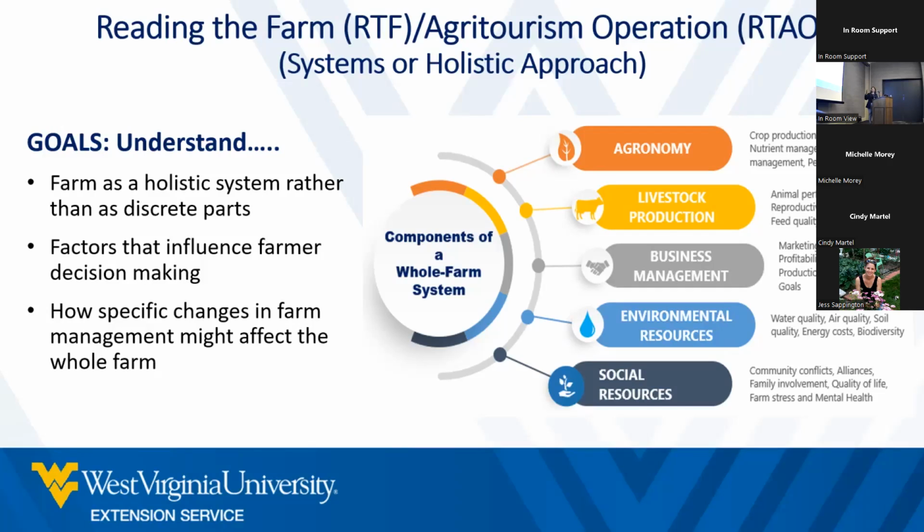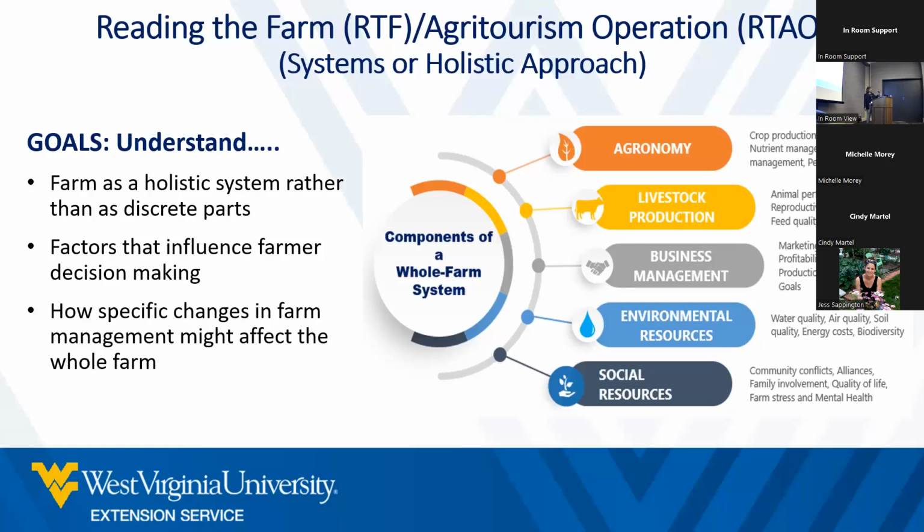And those interrelated parts are the biological, so all of your crops, your soil, your water, your livestock, your business management skills, your environmental resources, right? And then the social resources, okay? So you're looking at it as a system, and the thing with that system is when something changes in one part, it affects the whole farm.